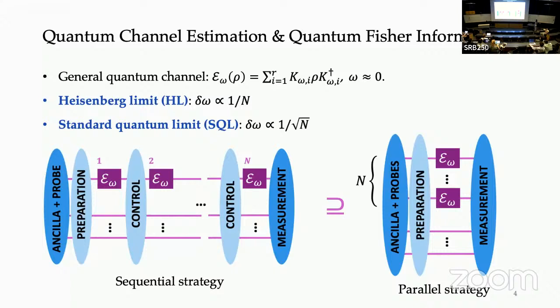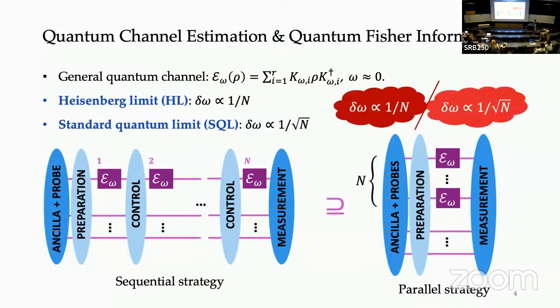They are actually the only two types of limit that are allowed if you optimize over all sequential or parallel strategies. So you choose the optimal sequential strategy for the specific quantum channel, and you get either one of these scalings. You can achieve the standard quantum limit by just using product states. You don't need any entanglement to achieve the standard quantum limit. But in order to achieve the Heisenberg limit, you need to use some kind of entangled state or maybe coherent evolution of the quantum system.